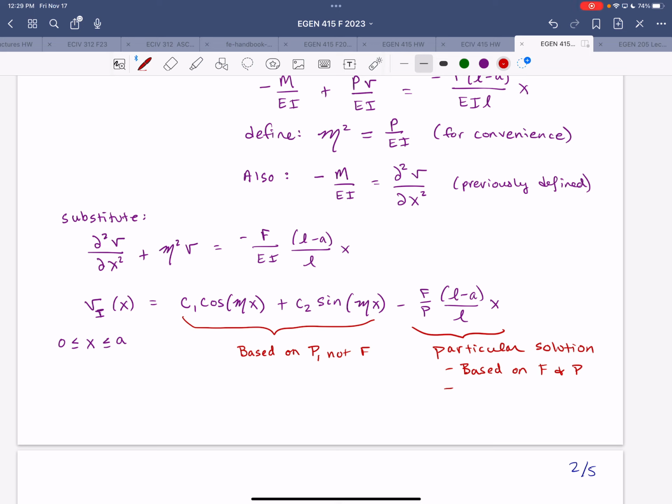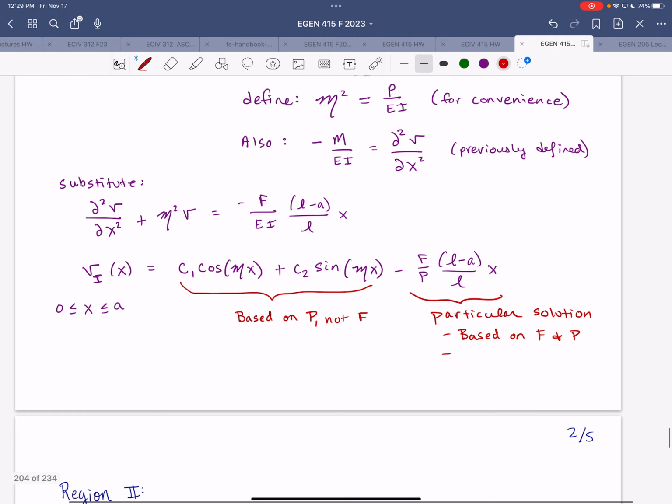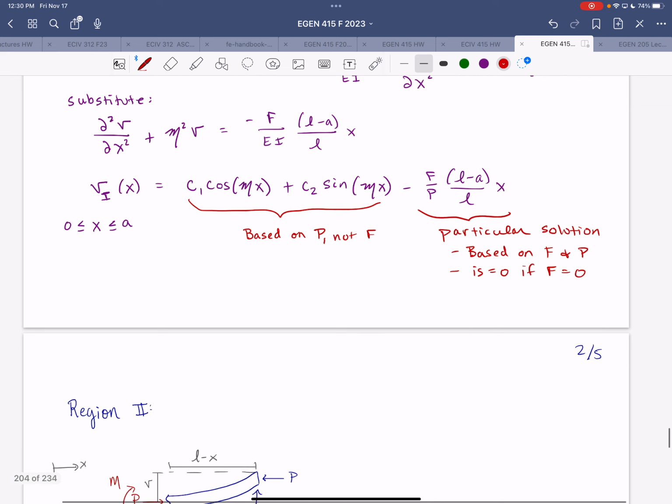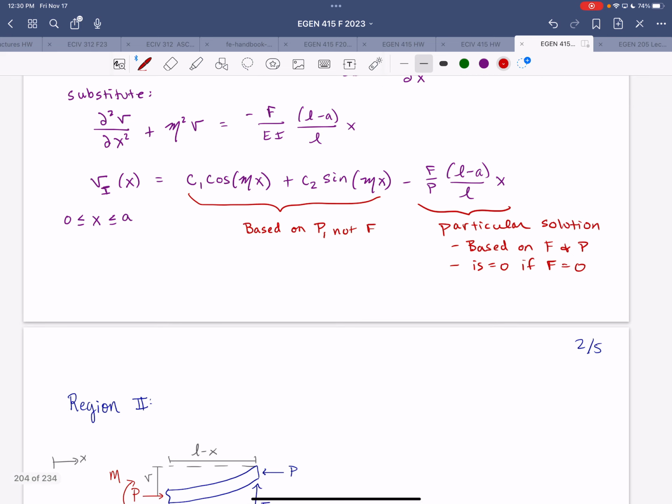If the transverse load is equal to 0, then that component will be equal to 0. Okay, that takes care of region 1.